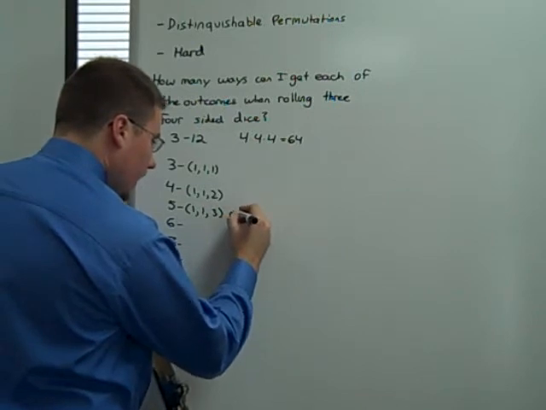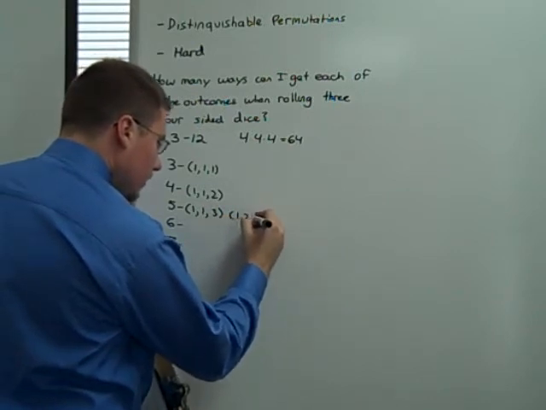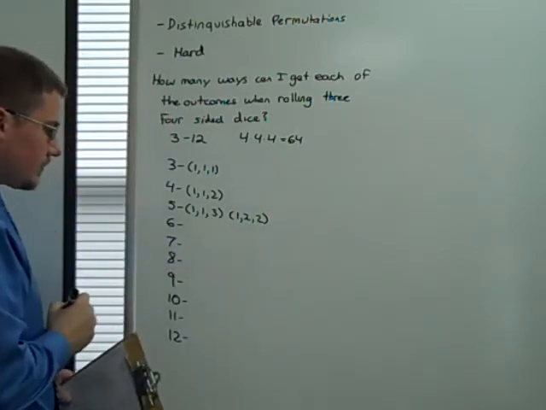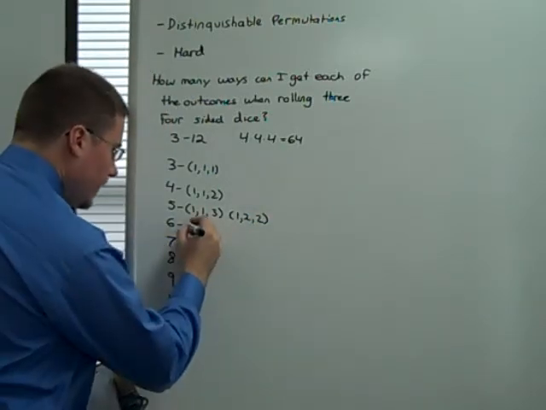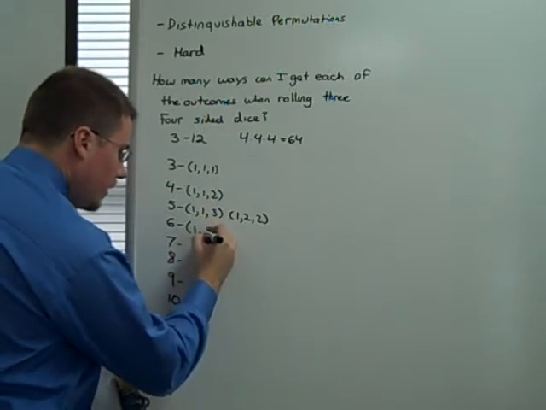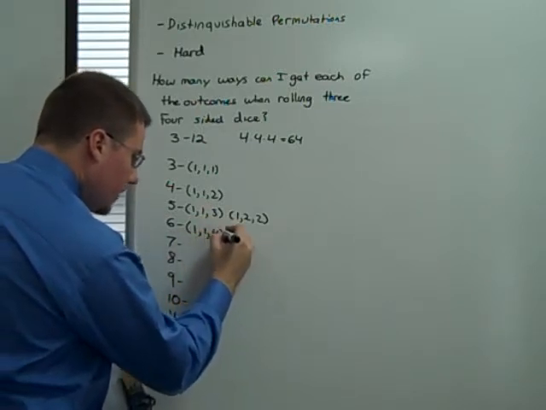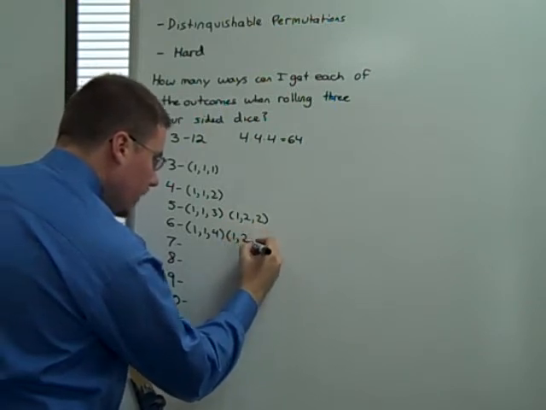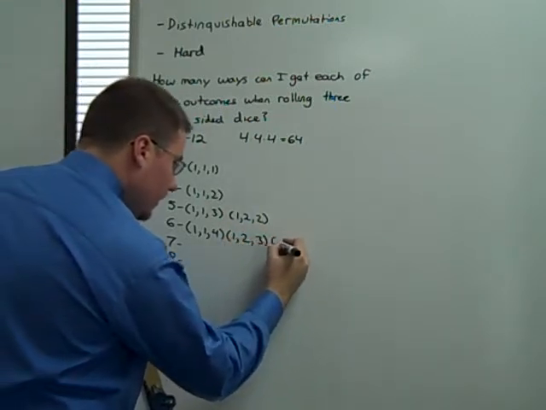Or I could get a 1, a 2, and a 2. For a 6, I could get a 1, 1, and a 4, a 1, a 2, and a 3, or 3 twos.